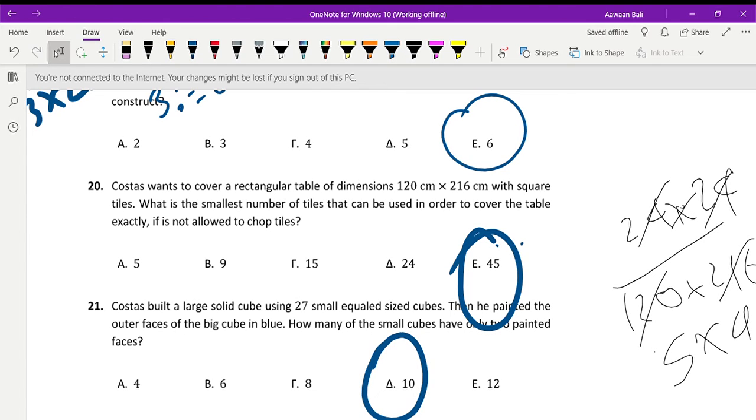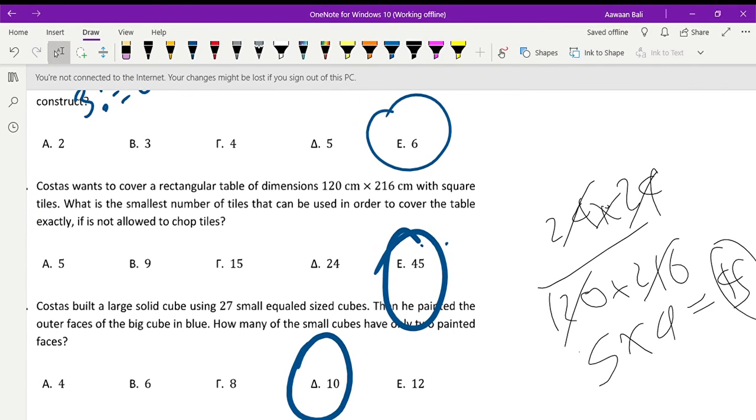All you needed to do was find a factor, and then simplify the equation you had by canceling, doing 120 divided by the factor and 216 divided by that factor to get 5 times 9, which is 45, and that factor is 24.